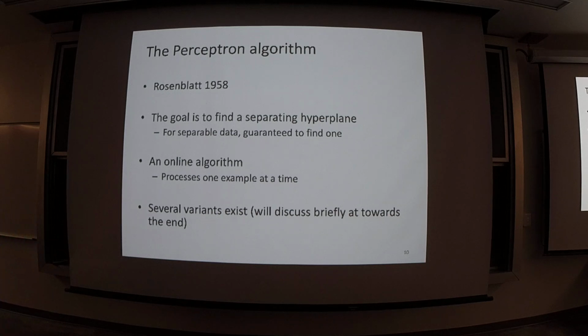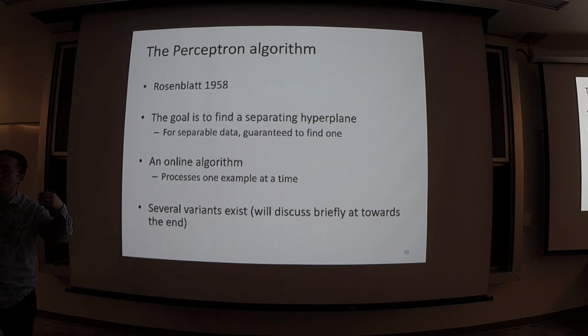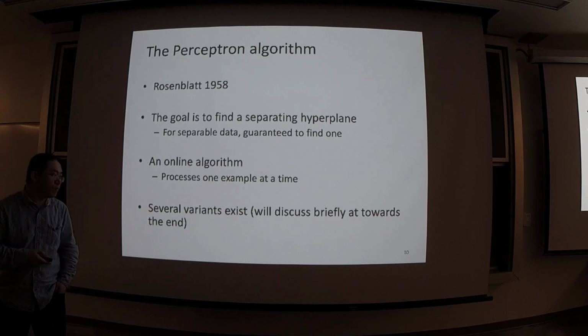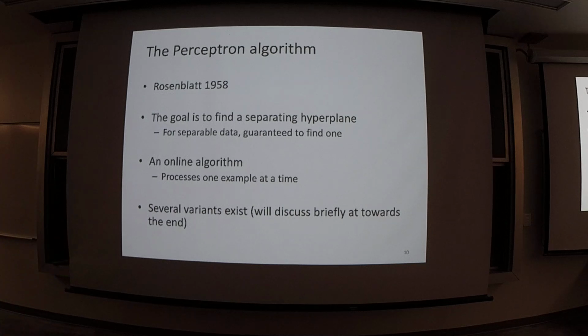That's it. The perceptron algorithm is an online algorithm, namely, it just processes examples one by one. Later we'll see it is a very simple online algorithm, called a lazy online algorithm. Of course, in practice we'll have several variants, and we'll discuss them briefly towards the end of this lecture.